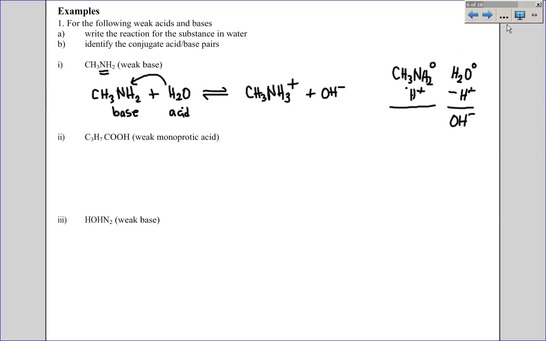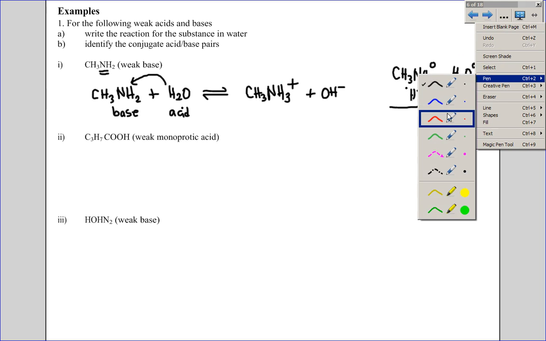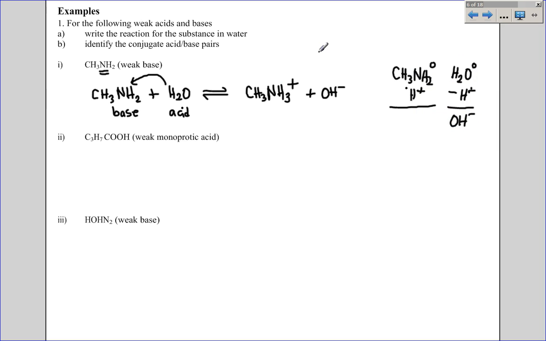Our second job here is to identify the conjugate acid-base pairs. The pairs, again, are the substances that differ by one proton. So we've got our amine and then our ion here, which differ by one proton.